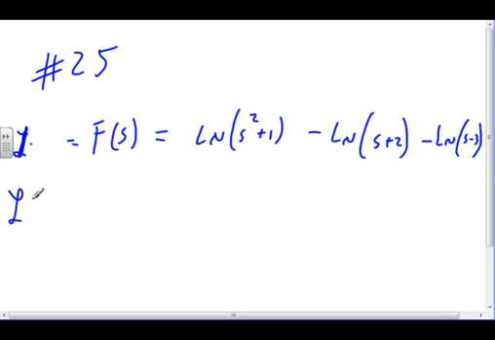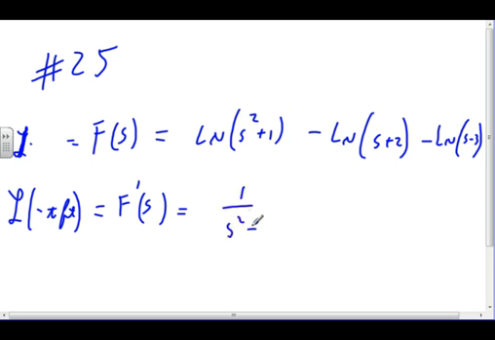So the Laplace transform of minus t f of t is equal to f prime of s. All right, well, this is the derivative of this guy, which is 1 over s squared plus 1, 1 over s plus 2, 1 over s minus 3.